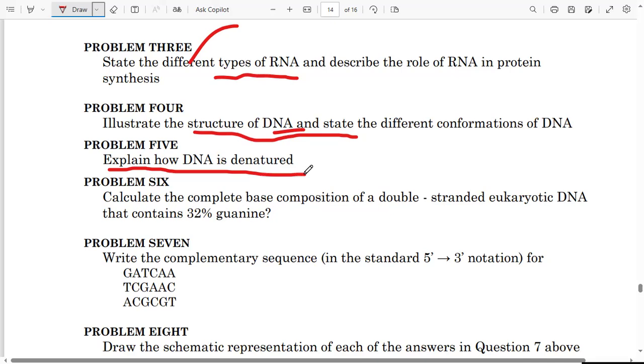Or it can be due to chemical agents, for example formaldehyde, or let me give a simple example, urea, which can also cause denaturation.